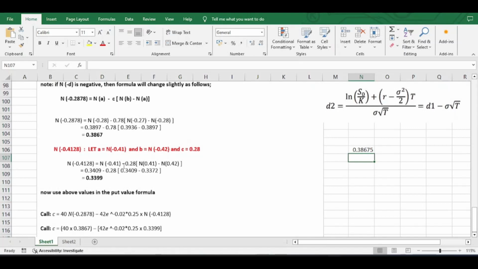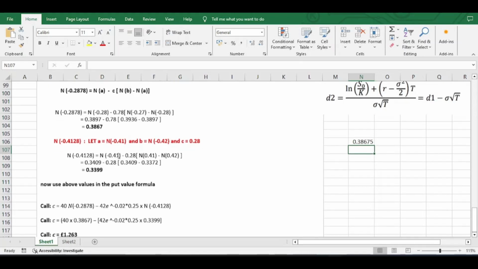Apply the same procedure for finding the normal distribution on the value of D2. Let's apply the combination: A is negative 0.41, and B is negative 0.42, the first number and the third number. And then C equals the last two numbers, 0.28. Make sure you plug in the negative number here.